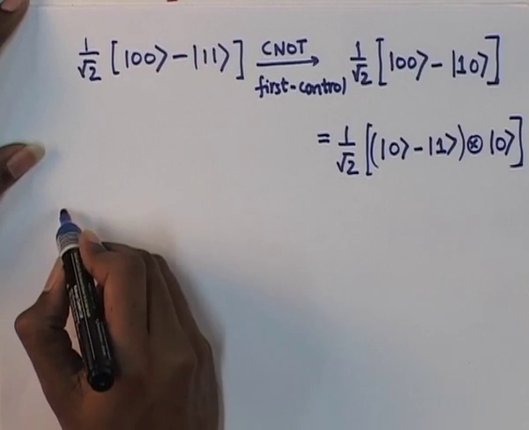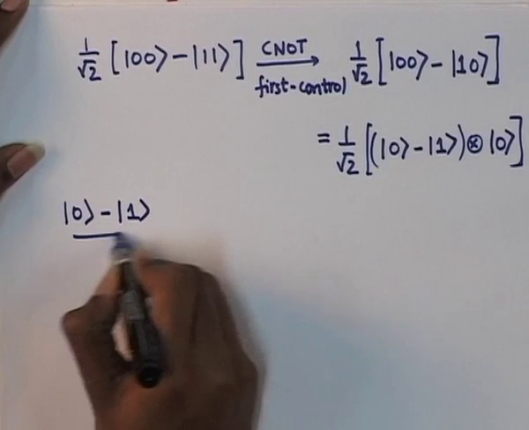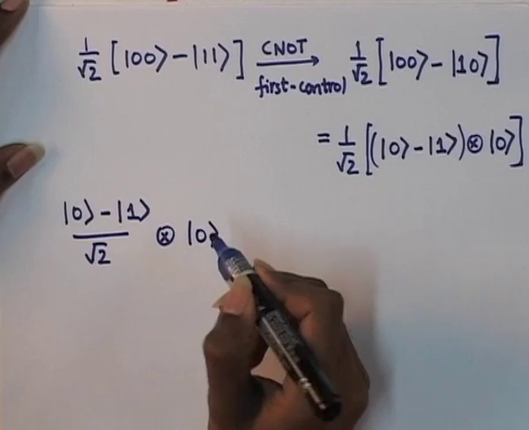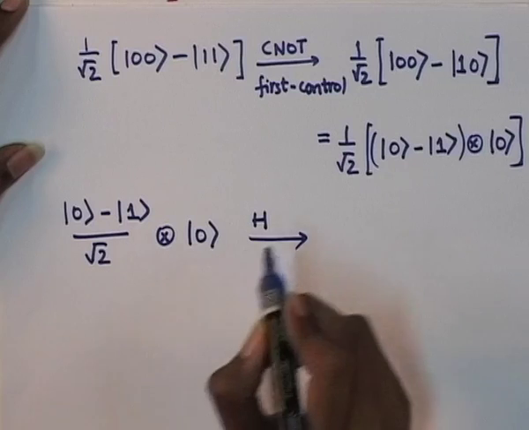So the output is this, and then a Hadamard gate is applied on qubit 1.